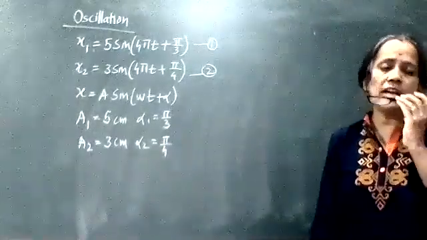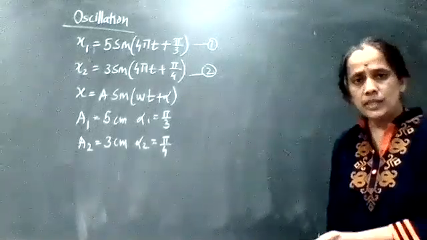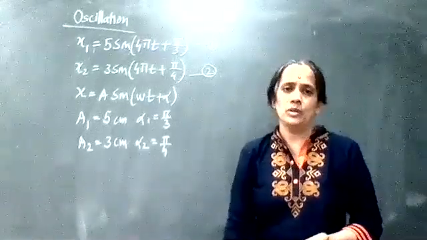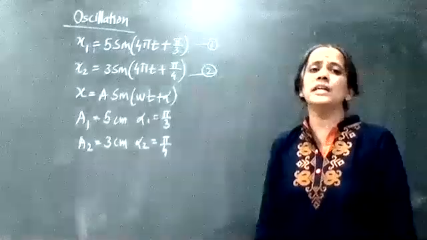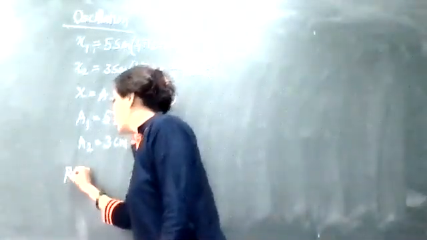So I am getting the values of A1, A2, alpha 1 and alpha 2, and using that I can find the resultant amplitude of SHM and the epoch. Epoch means initial phase. Now for the resultant amplitude, we have a formula.